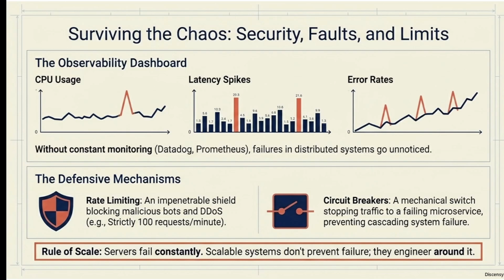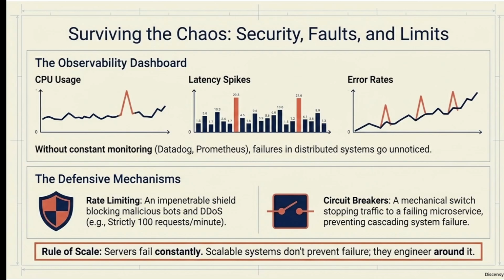The observability dashboard: CPU usage, latency spikes, the error rates. Without constant monitoring, that is, without constantly observing with Datadog or Prometheus, which can be used, failures in distributed systems go unnoticed. It's true that without observing what is happening within the project, failures cannot be noticed.